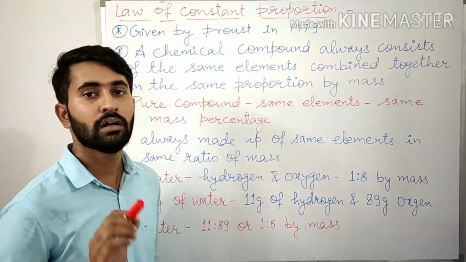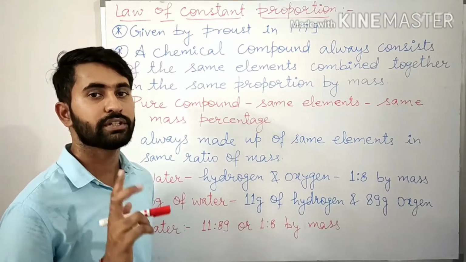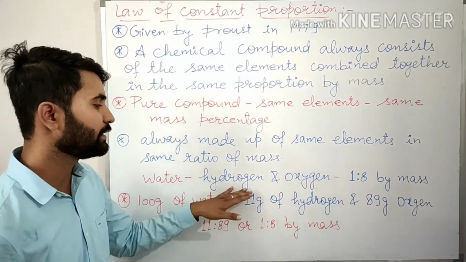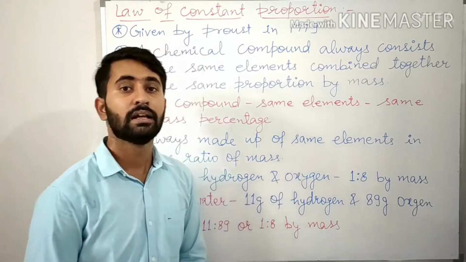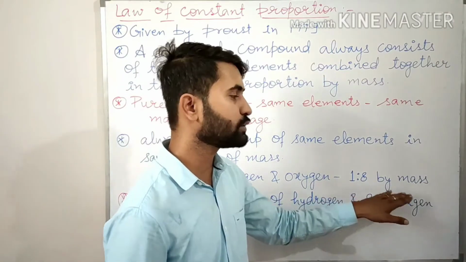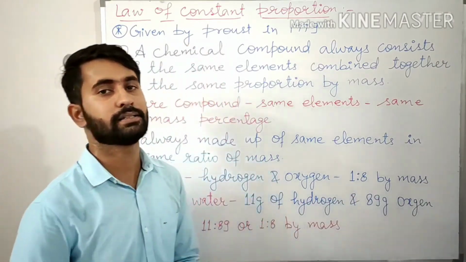For example, water is a compound which is always made up of two elements, hydrogen and oxygen, that are combined in the same proportion of 1:8 by mass.